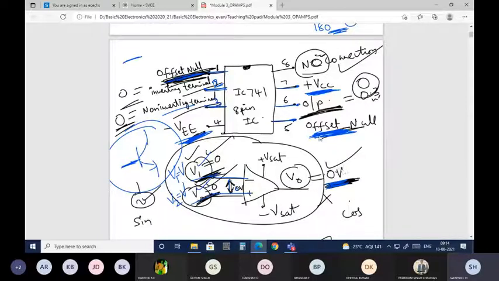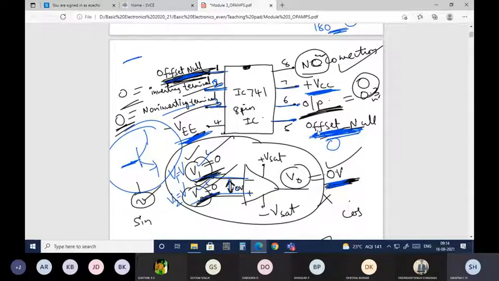Ideally, if you are getting 0, you need not adjust this offset null. But practically, since that is not happening, we adjust this offset null. If we are not adjusting it, the offset null voltage value will be equal to 0. If we are adjusting it, it will have some value. So ideally the offset null voltage should be equal to 0.